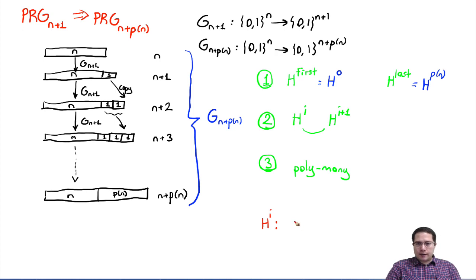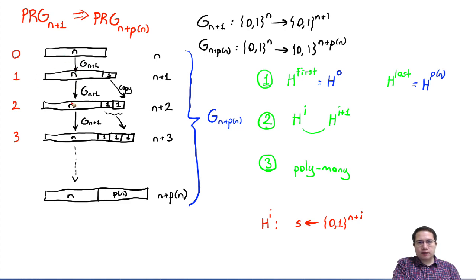So hybrid I says pick a random value S that is n plus I bits. Okay? So pick a random n plus I bit value. Then let me label these with levels. So this is the 0th level, first level, second level, third level, etc. If I run Gn plus 1 once, this corresponds to first level.